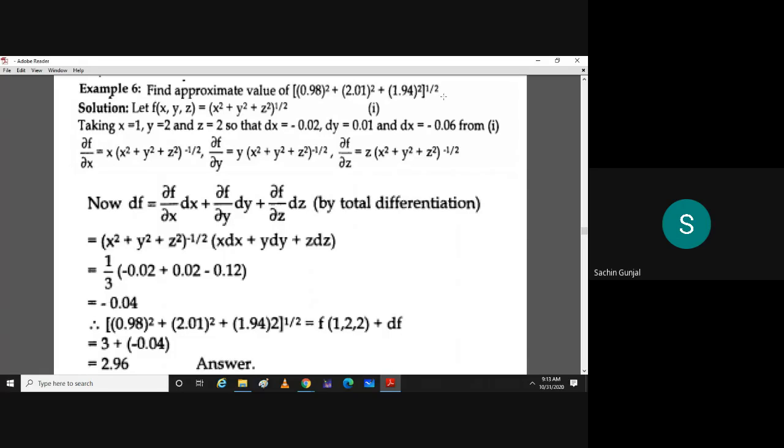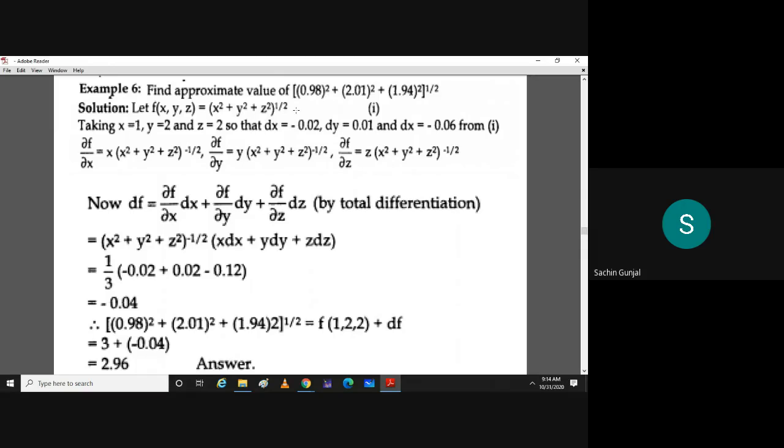So first, you need to approximate this thing using some function. Here the function is (x square plus y square plus z square) raised to 1 by 2. This is your step 1. Approximate the given problem by a function f of x, y, z, and in this case it is (x square plus y square plus z square) raised to 1 by 2.